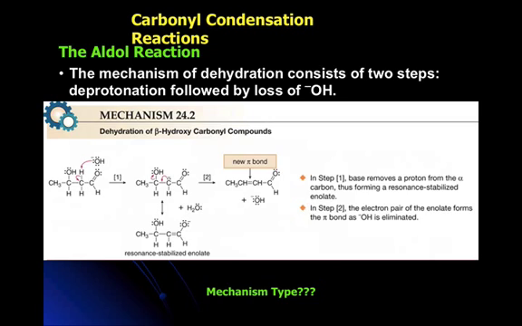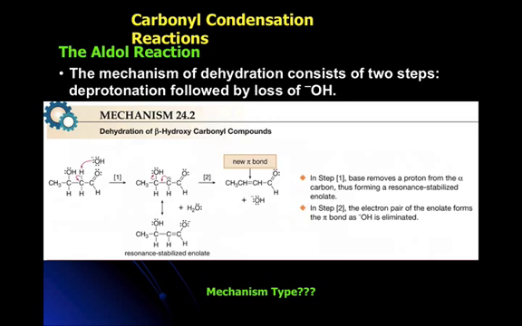Exactly. It's not all happening in a concerted fashion, right? And so what's happening is the hydroxide reacts with the acidic proton to give us the conjugate base, kind of like an enolate, right? And then slowly that eliminates to give the new pi bond. So this is the fast step, okay? And this is the slow step.